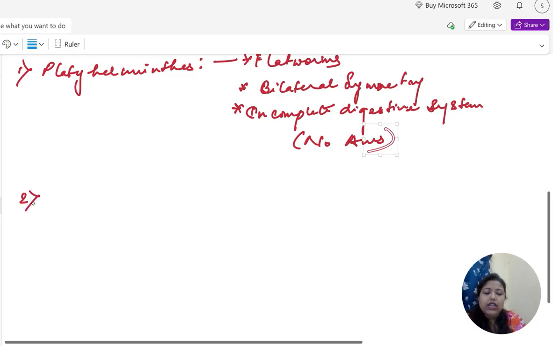Talking about option number 2, echinoderms. We know from the options what echinoderms will link up with, but let's learn it.